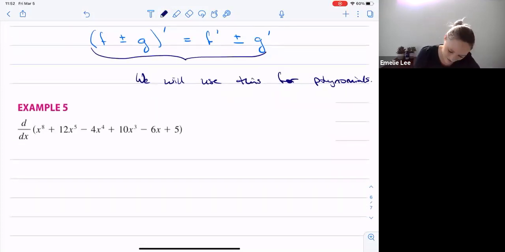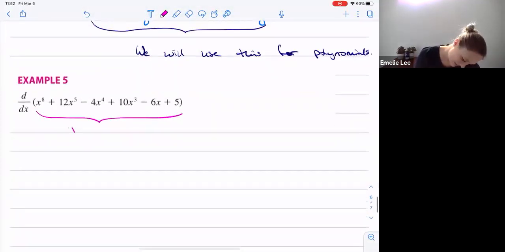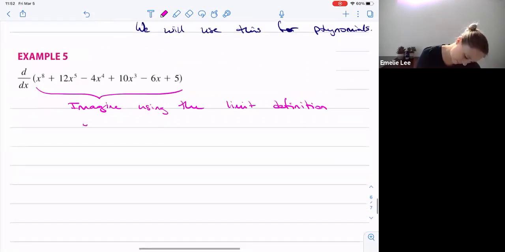So first, imagine using the limit definition of the derivative.